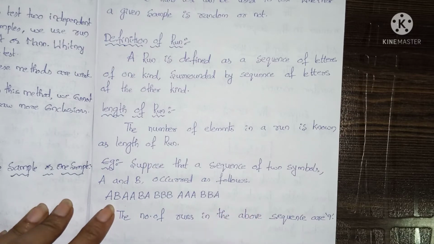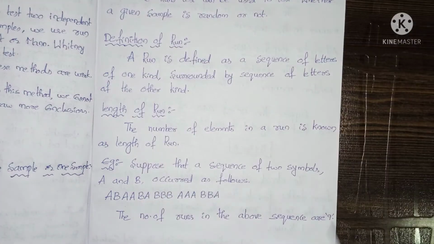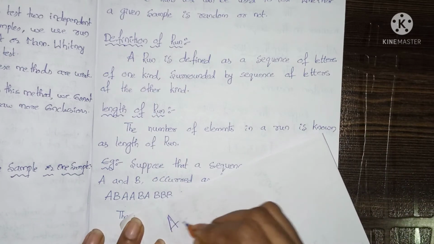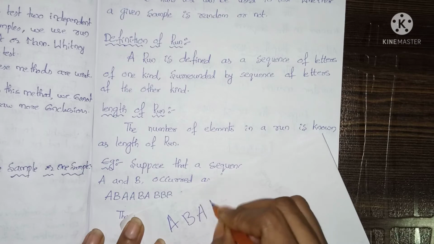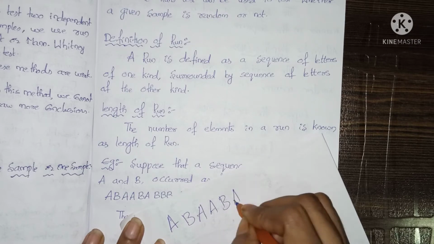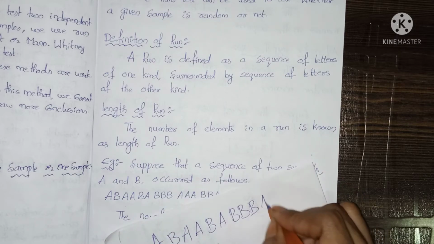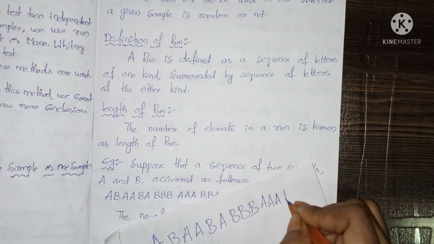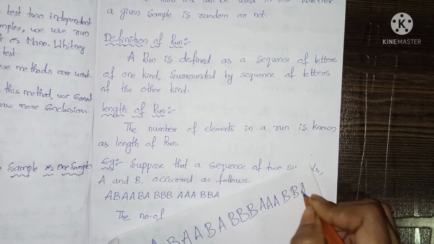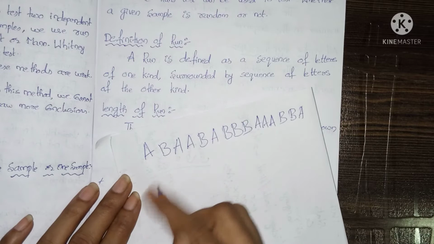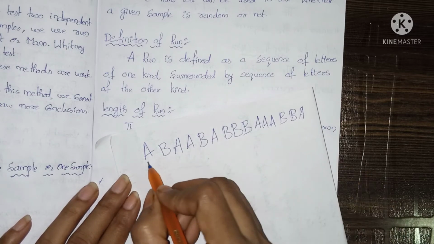So for the length of a run, in this example we will take A, B, A, B, A, B, B, B, A, B, B, A. This we call a sequence of letters. Here we will count how many runs we have.